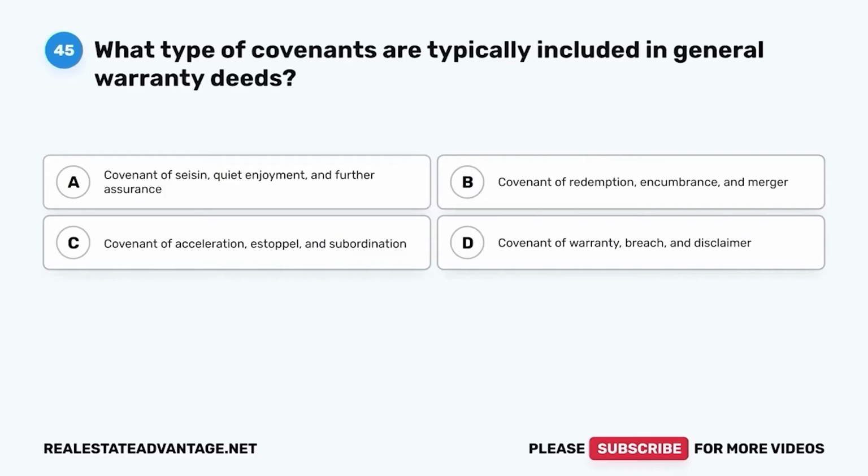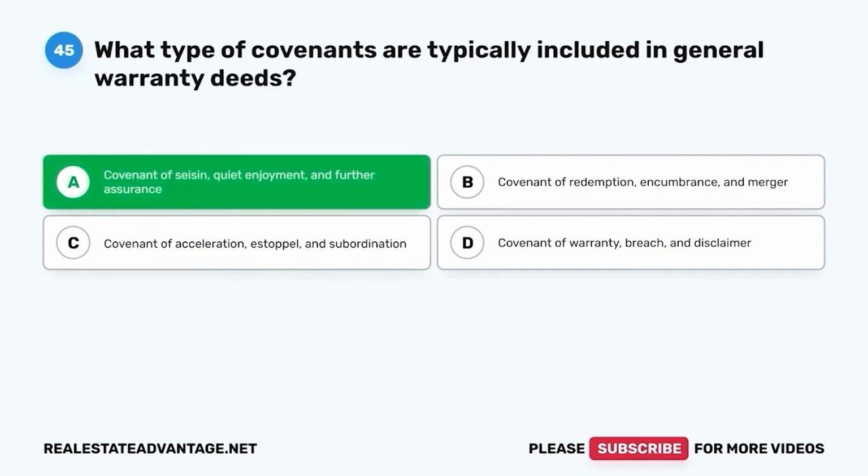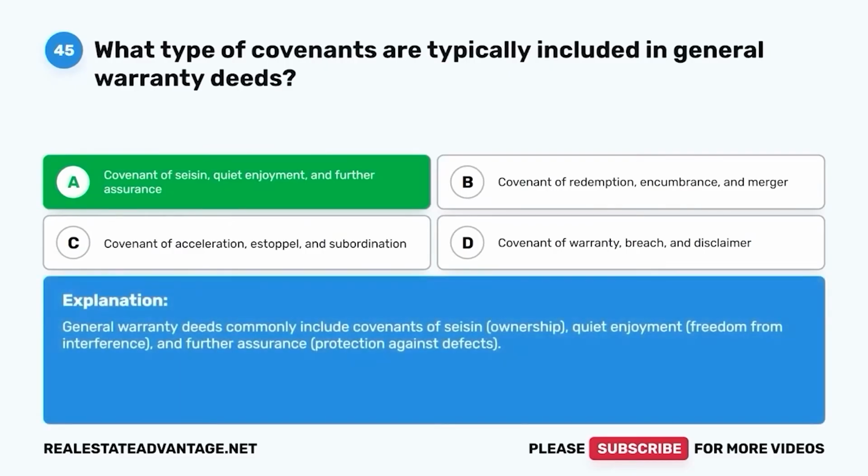D, covenant of warranty, breach, and disclaimer. The correct answer is A, covenant of seisin, quiet enjoyment, and further assurance. General warranty deeds commonly include covenants of seisin, ownership, quiet enjoyment, freedom from interference, and further assurance, protection against defects.